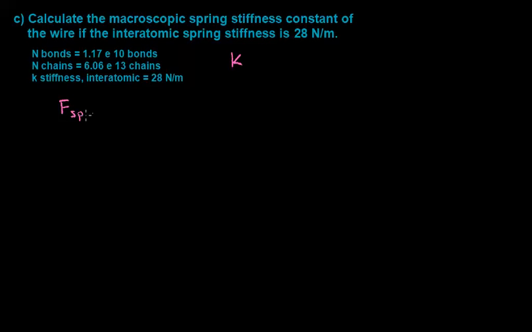So if we look at the force of a spring equation, this is going to equal the stiffness constant of the spring times the length that this spring has stretched or compressed from rest. So what we want to look at is the stiffness constant of the wire. What we have is an interatomic stiffness.